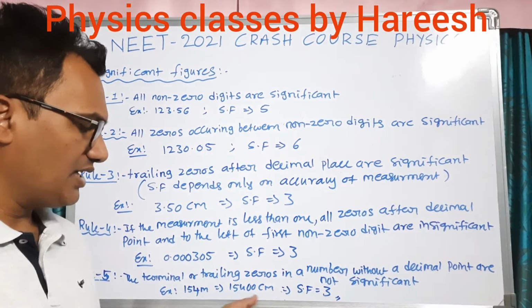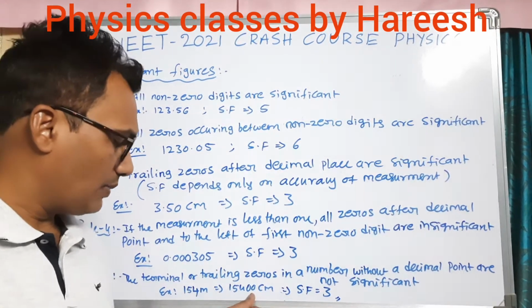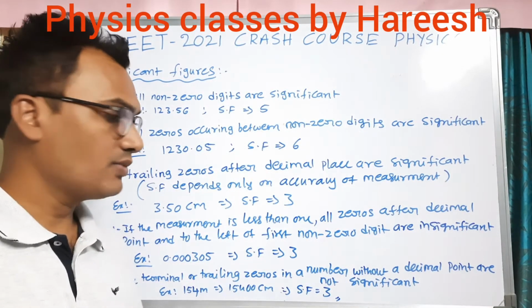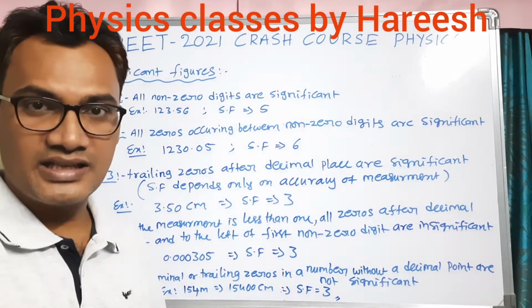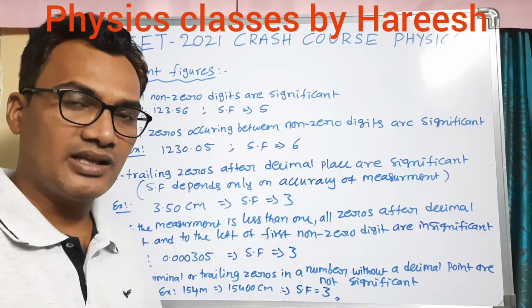We can convert this 154 meter into centimeters, which will be 15,400 centimeters. But when you convert a measurement from one unit system to another, the number of significant figures will not change. It remains the same.